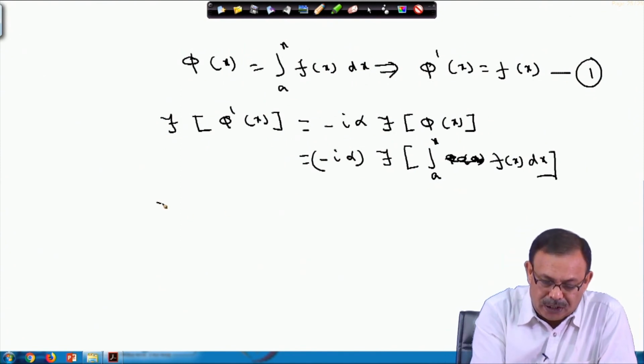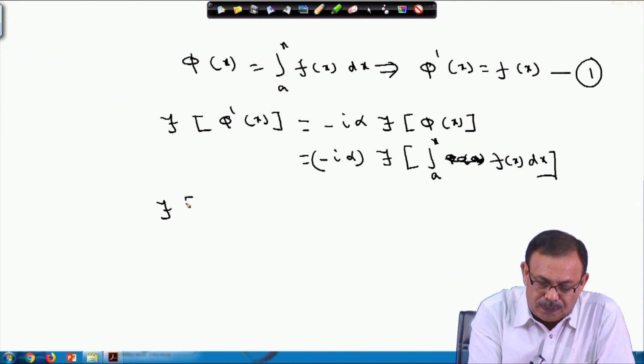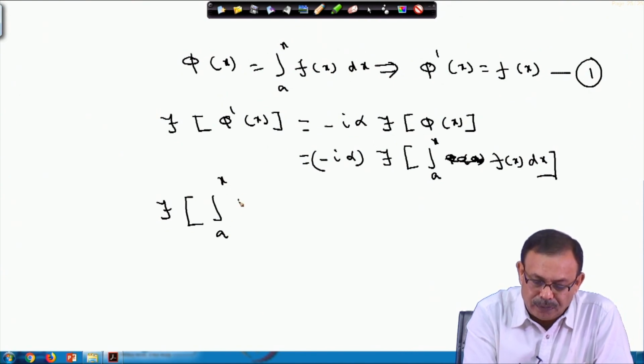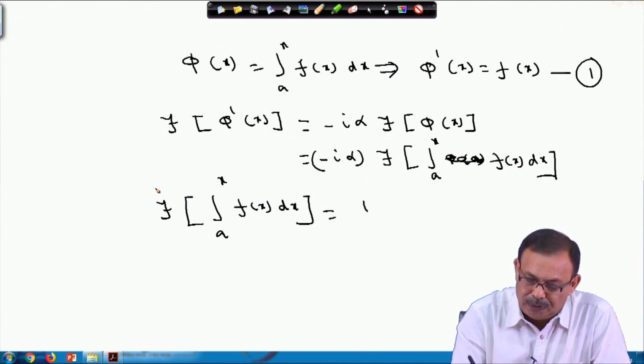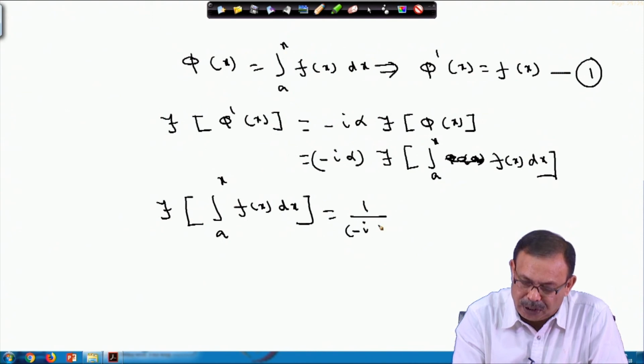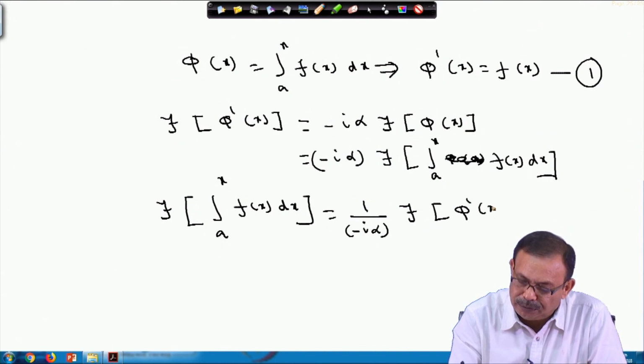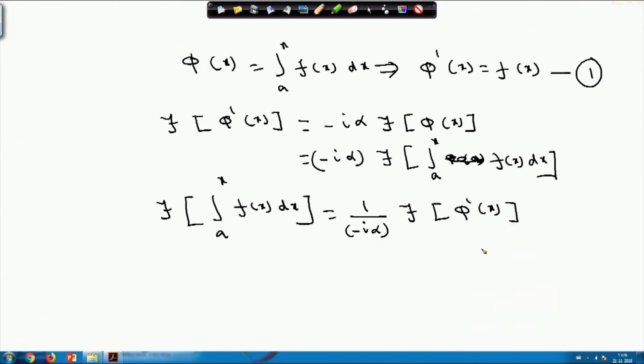Therefore, from here I can write down the Fourier transform of the integral from a to x of f x dx. This is nothing but, minus i alpha will go on that side, so 1 by minus i alpha into the Fourier transform of phi dash x, and the Fourier transform of phi dash x, since phi dash x is f x, is 1 by minus i alpha into the Fourier transform of f x.